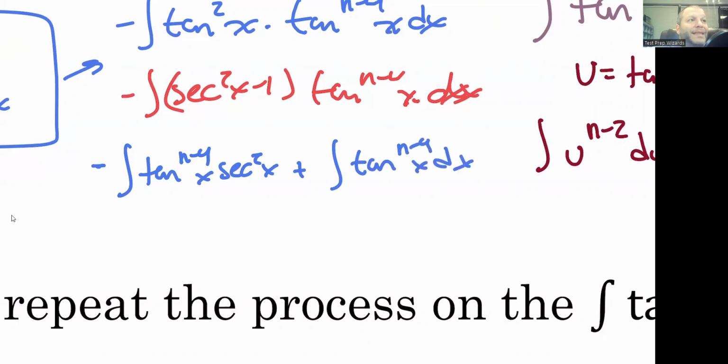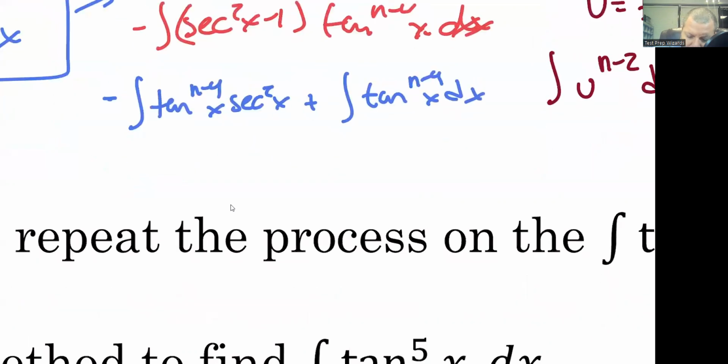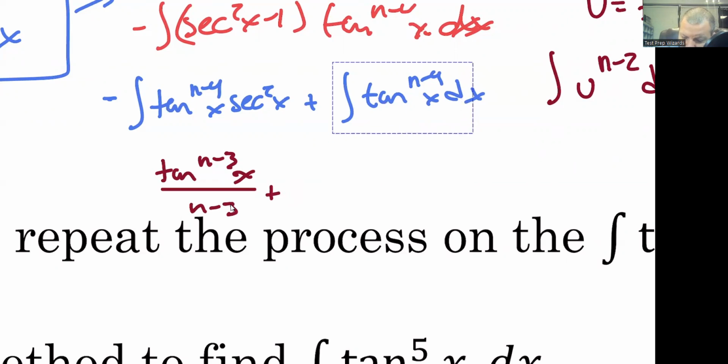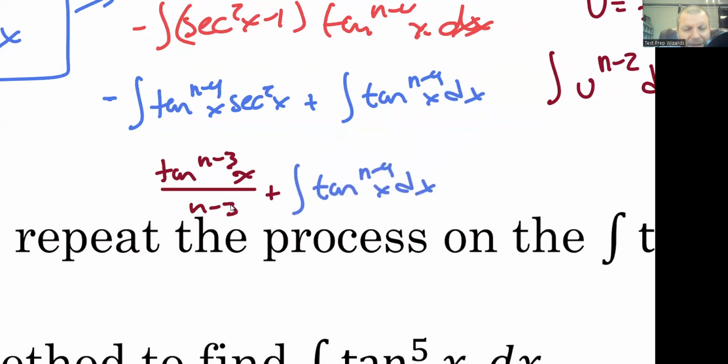So we would make the same type of u substitution here. I'll leave it to you to show that that's going to be tangent to the n minus 3 of x over n minus 3 plus a constant, which gets absorbed into whatever constants we have, plus this antiderivative right here. We can repeat this process again. If n minus 4 is 1, we're done. If n minus 4 is 2, we're done.